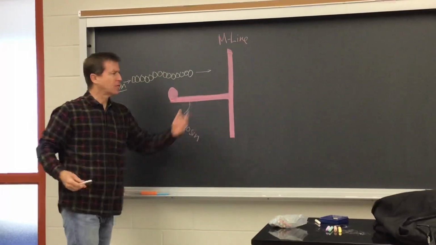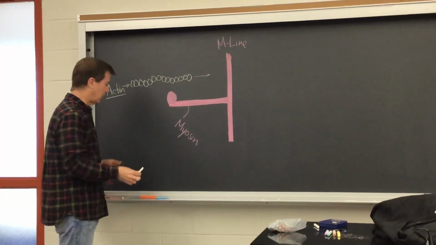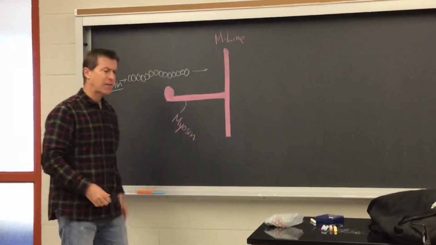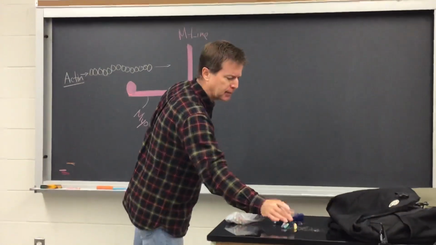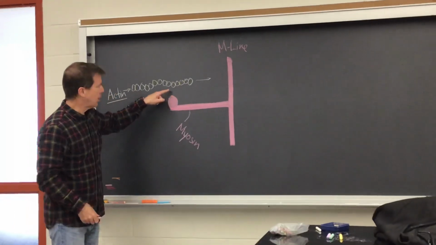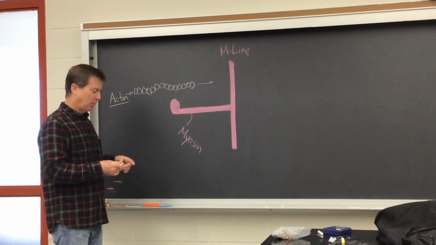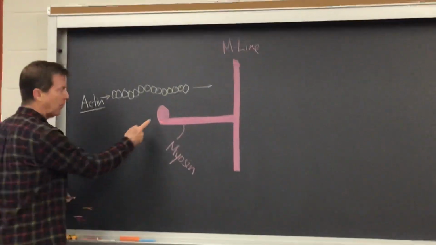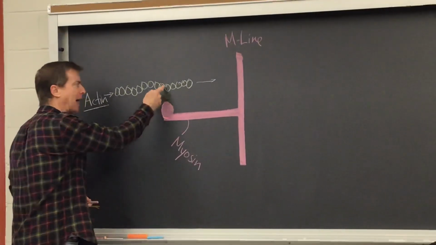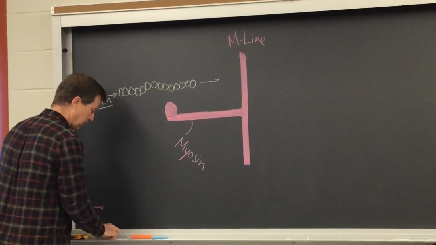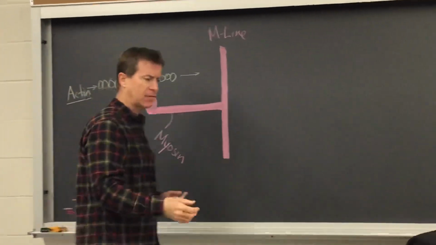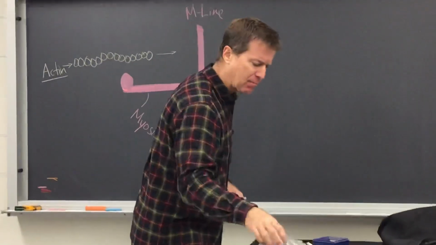So we left our last drawing with calcium flooding the cell. What is the significance of that? Here it is. Myosin wants to reach up, bind to actin, and pull it in order for a muscle cell to contract. But when this muscle cell is at rest, myosin can't bind to actin. There are tons of active sites on this actin molecule.